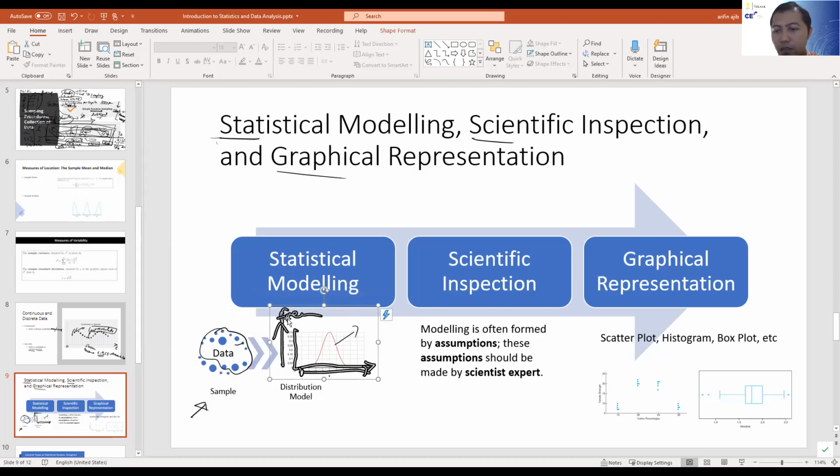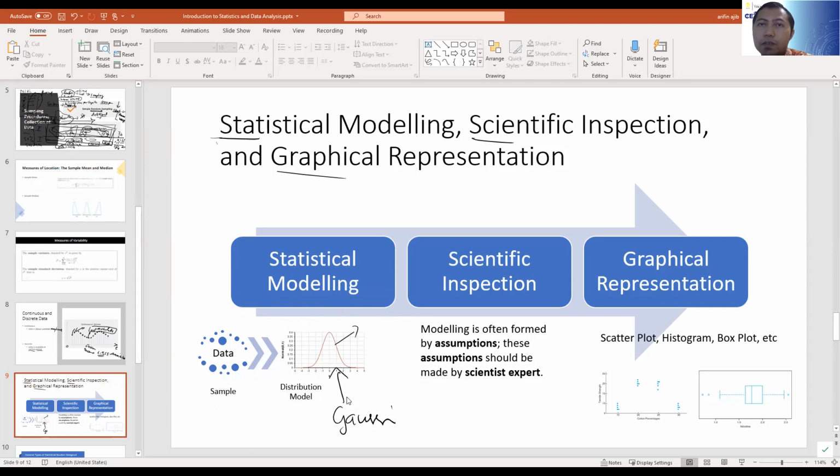If you're familiar with this graph, what is the name of this graph? The name of the graph is the Gaussian distribution model. Yes. The form of this graph looks like this. Okay, so that's the model. What kind of model fits the sample data? Okay, then we move forward.